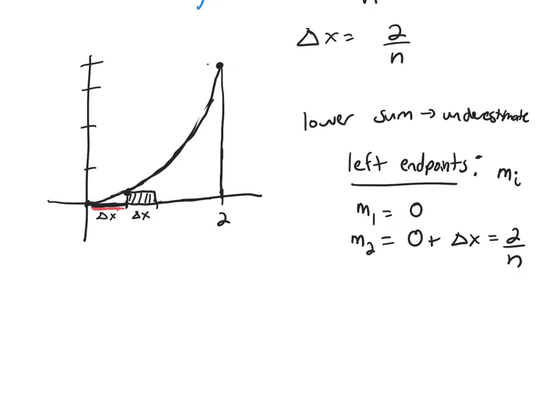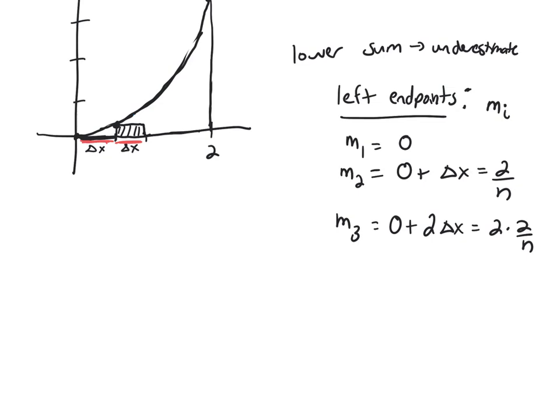For the third, m3, it would be 0 plus another distance of delta x, so 2 times delta x, which is 2 times 2 over n. You should see a pattern starting to emerge, so I'll put dot, dot, dot here.